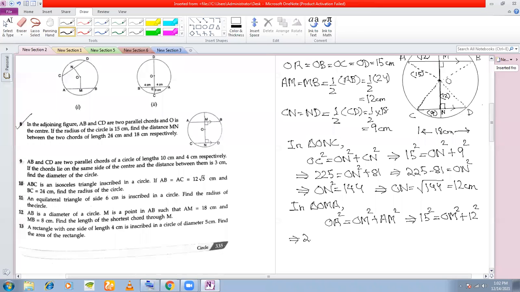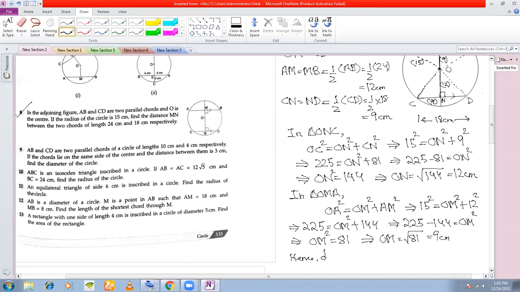That means 225 is equal to OM square plus 144. That means 225 minus 144 must be equal to OM square, which is 81. That means OM is equal to square root of 81, which is equal to 9 centimeters. So this length we have found to be 9. So what is the distance between the chords? MN is equal to 12 plus 9, right?